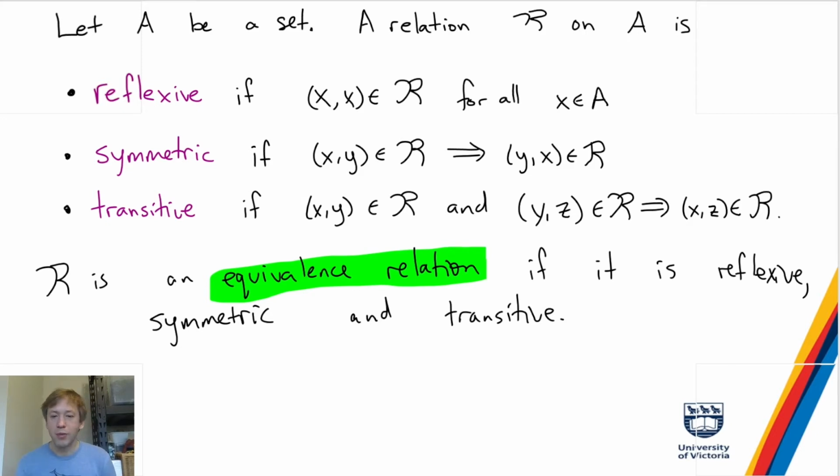So you should also remember we had another special property of relations, which was antisymmetric. Antisymmetric is an important property of a relation, but it's not something that shows up in the definition of an equivalence relation. So you should always remember an equivalence relation is reflexive, symmetric, and transitive, not necessarily antisymmetric.